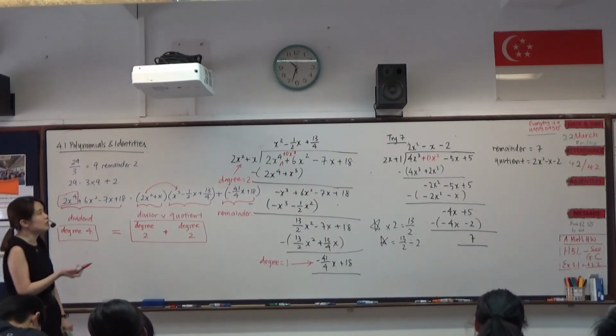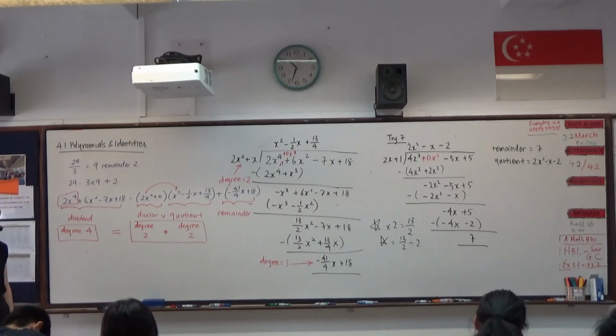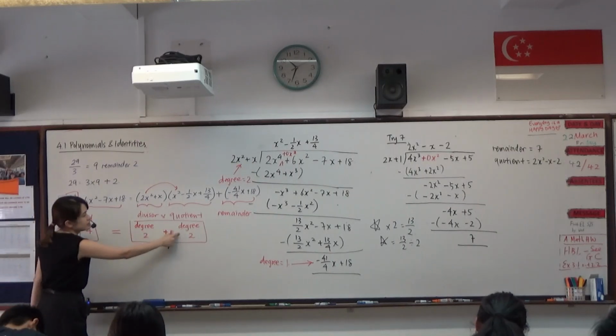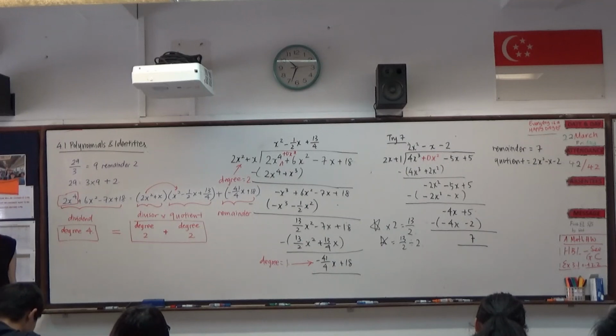When we multiply, the powers add up due to law 1 of our indices laws. That's why the degrees of these two adding up must equal the degree of the dividend.